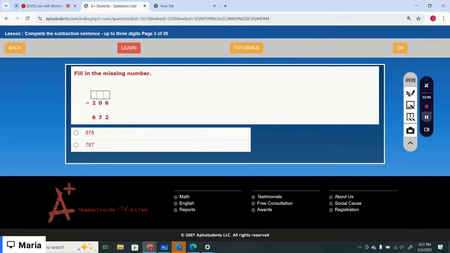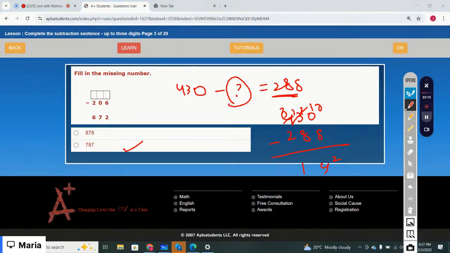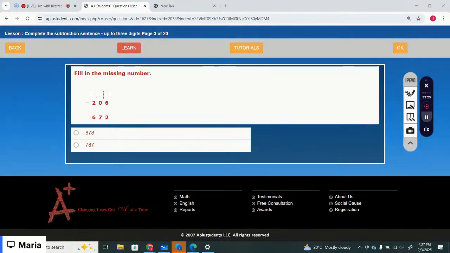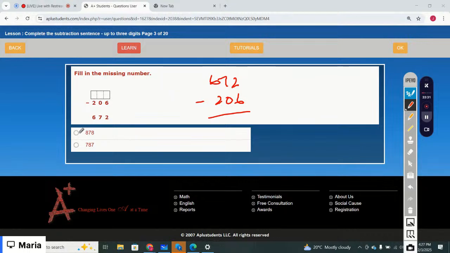Fill in the missing number. Now again the greater number is missing. So how do we find it? You need to add the difference and the given number.